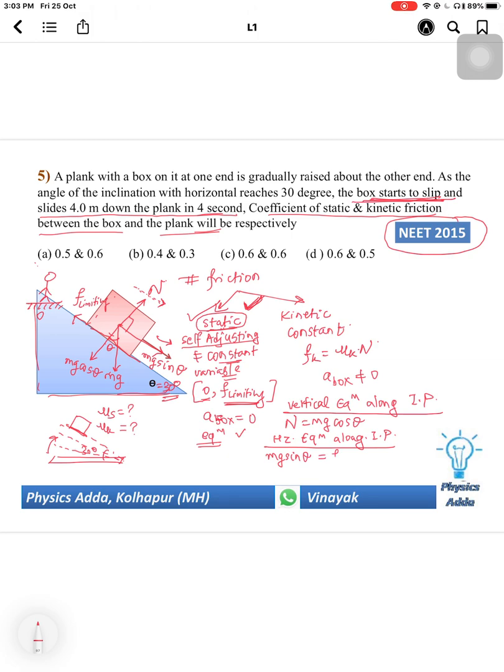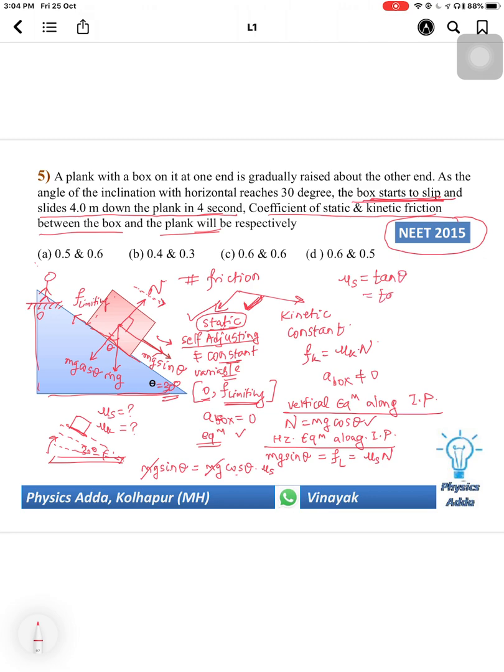F limiting, which has a maximum value of mu s times N. I'll get N from here, so it will be mg sin theta is equal to mu s mg cos theta. mg gets cancelled. Sin theta by cos theta is tan theta. So mu s is what? Mu s is equal to tan theta.